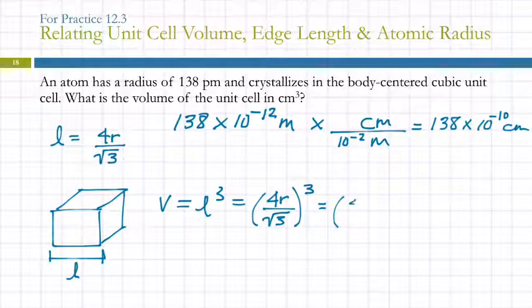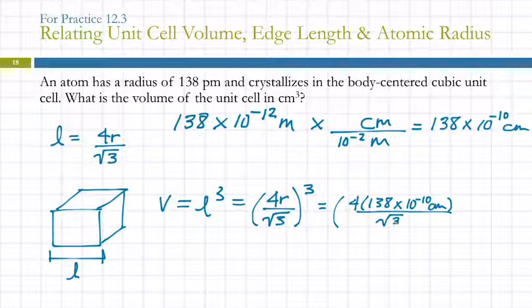So I'm going to take 4 times 138 times 10 to the minus 10 centimeters, and divide by the square root of 3, and cube the whole thing. So, you have to figure out how your calculator wants you to talk to it about this.